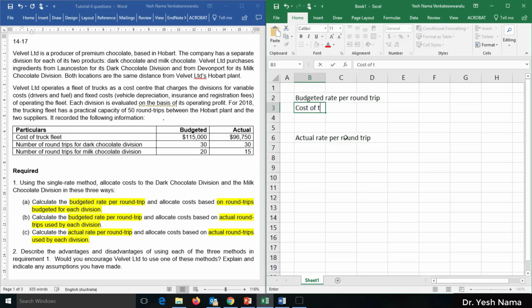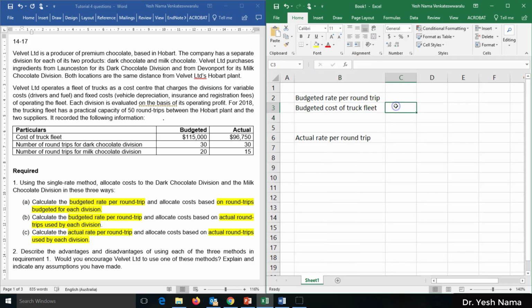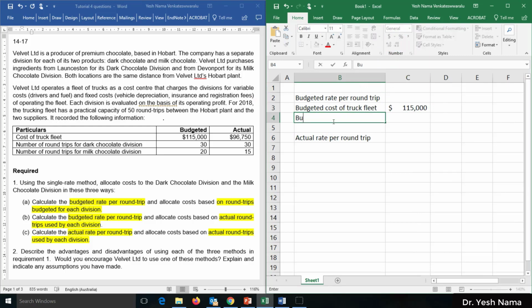So, the budgeted cost of truck fleet, which is $115,000, and budgeted total trips, which is 30 for dark chocolate and 20 for milk chocolate, so 50 in total.